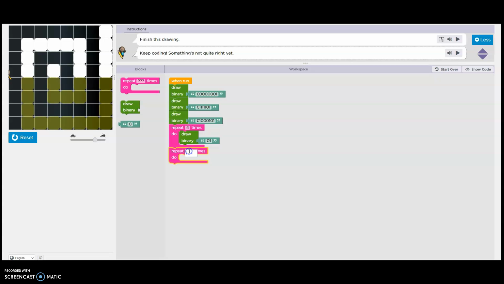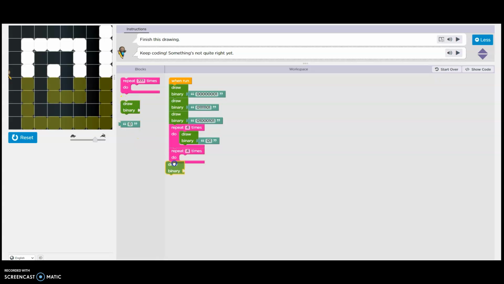We already know there are 8 blocks, and it's going to be 4 times of the combination. We know that's 0, 1, so we're going to add 0, 1. Have we added the number of times? No, we have not. So we're going to add 4 times.